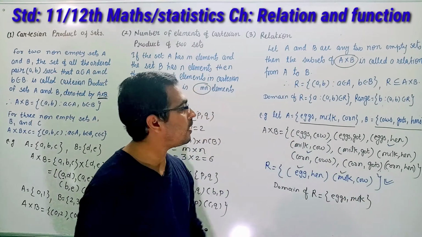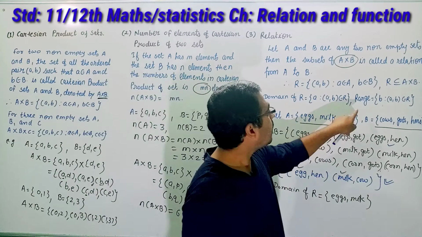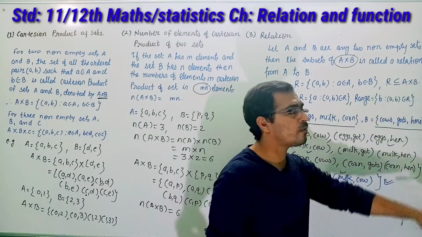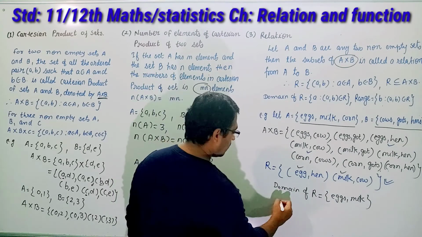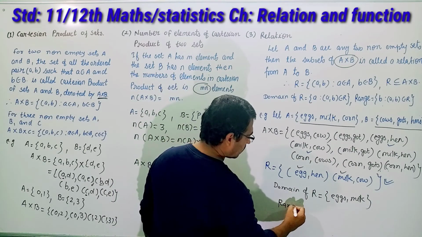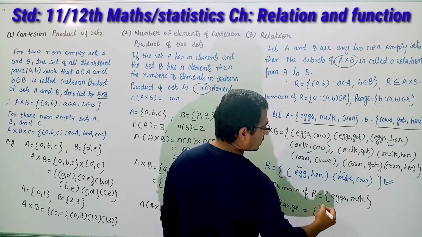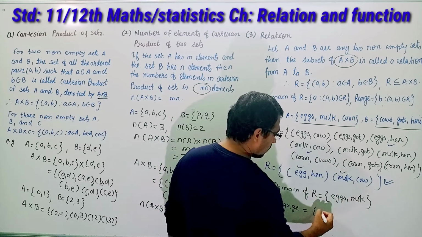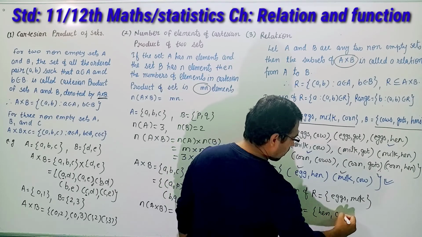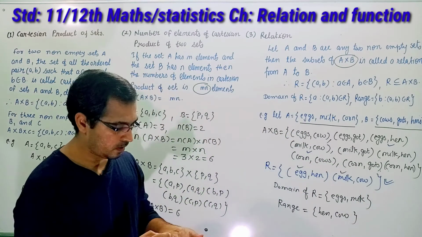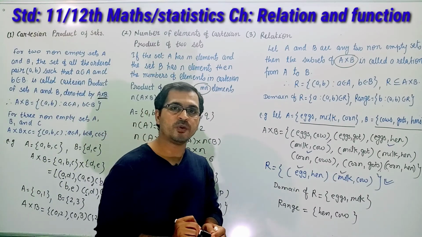This is the domain of R. And the range is the second component of R, which means the second component is hen and cow. Okay students, here we are completing today's video lesson.